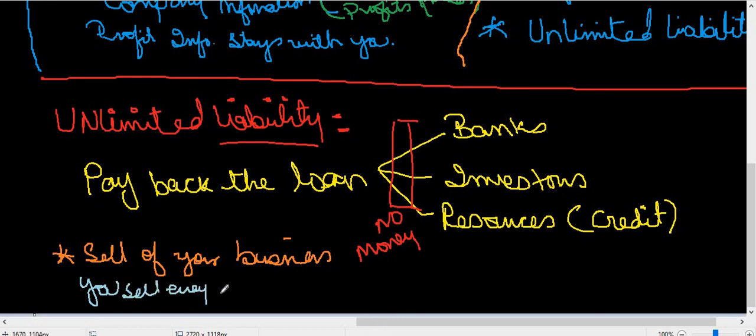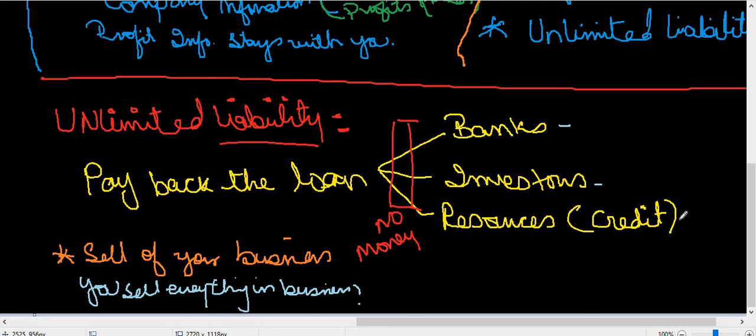Everything in the business. But what if you still can't give back the loan? Maybe you owe the bank 100,000, maybe you owe investors another 100,000, resources for 250,000. So there's a lot of big money you need to pay. You sell off your old machinery, maybe your company van used to deliver a few products, or whatever you have in your small restaurant.